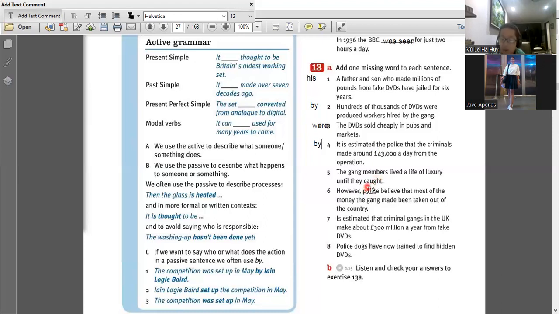Number 5. Gang members live a life of luxury until they can caught.